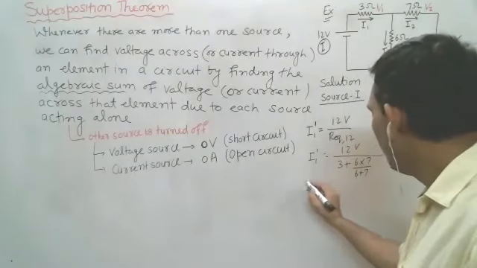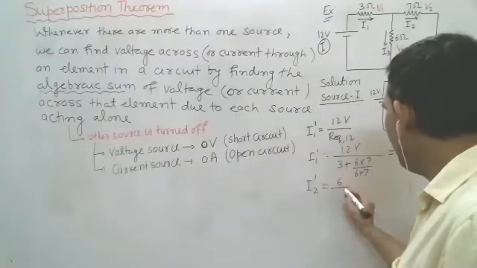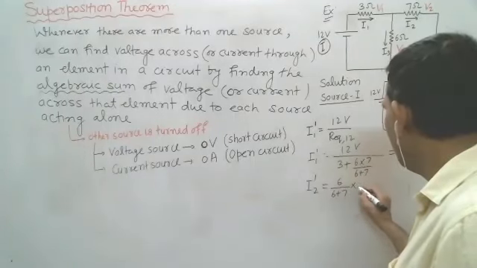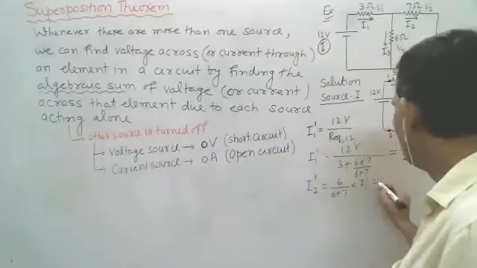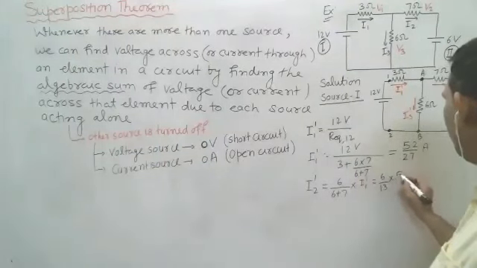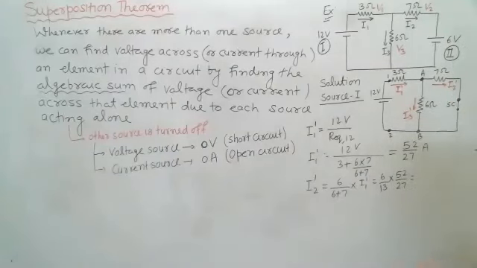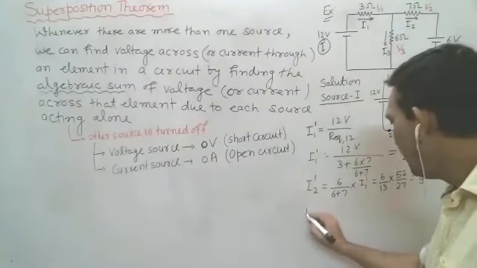So what will be I2 dash? I2 dash will be 6 by 6 plus 7 into I1 dash. So 6 by 13 into 52 by 27. So this value will be 8 by 9 ampere. Yes, sir. And then I3 dash.